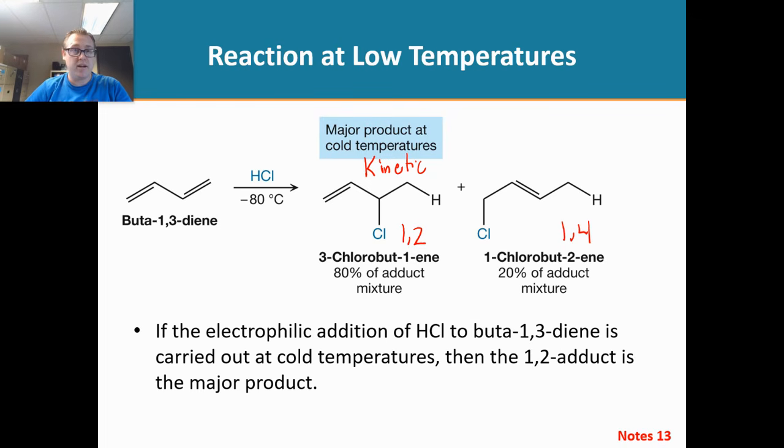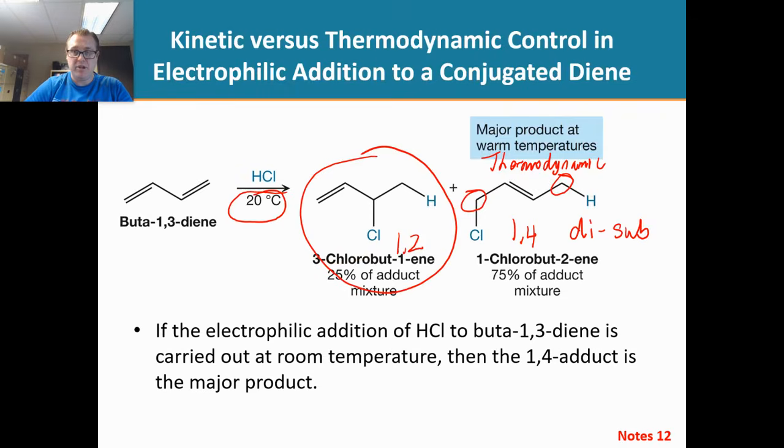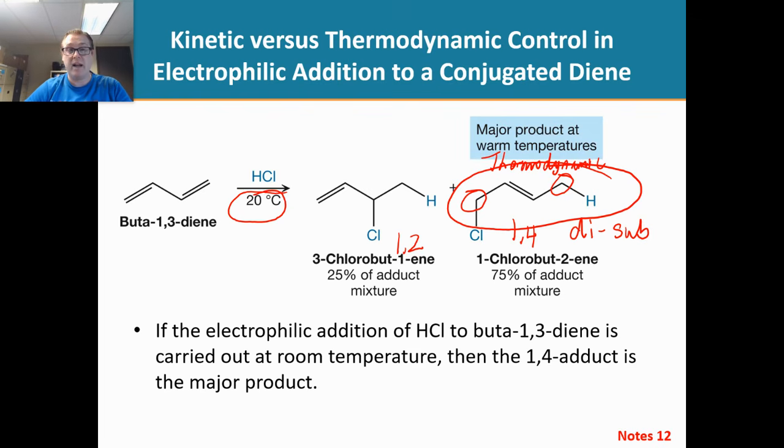The kinetic product forms at colder temperatures because that is the product that is formed the fastest. At elevated temperatures, the thermodynamic product is chosen because at higher temperatures, the reaction is under thermodynamic control.